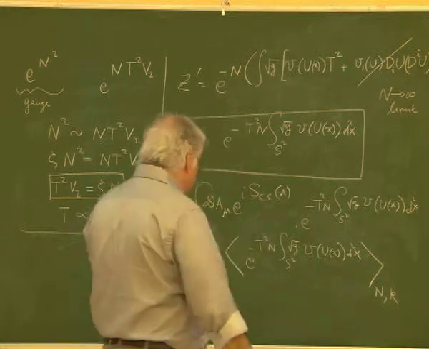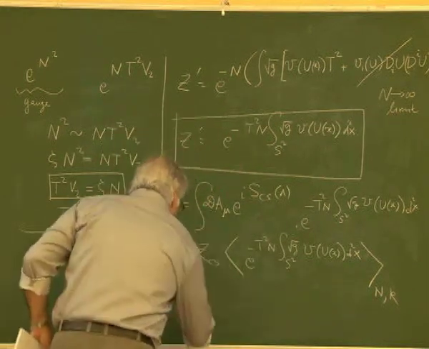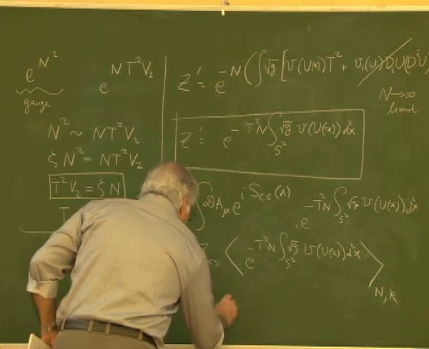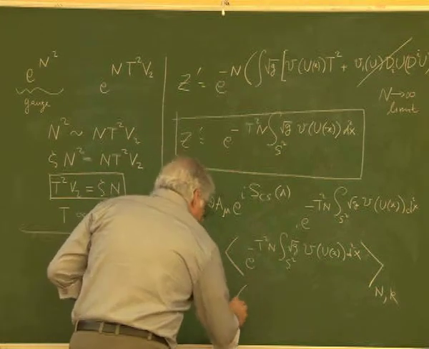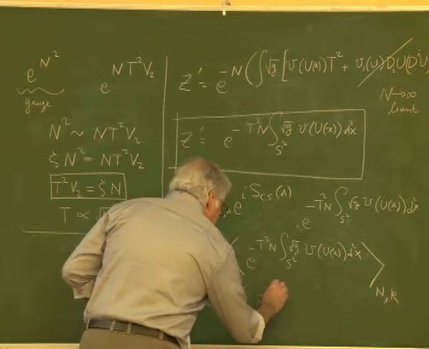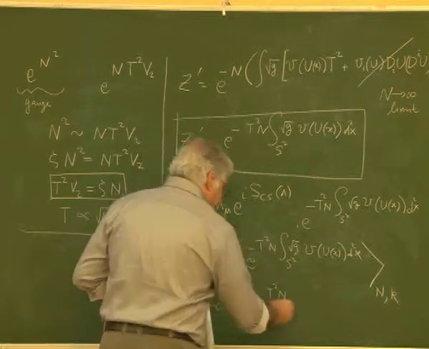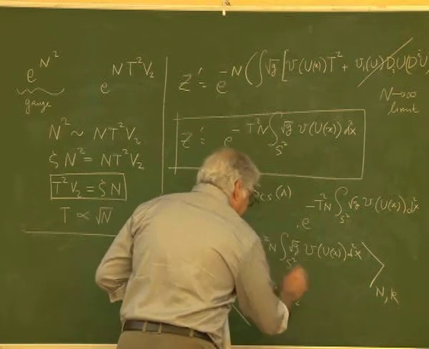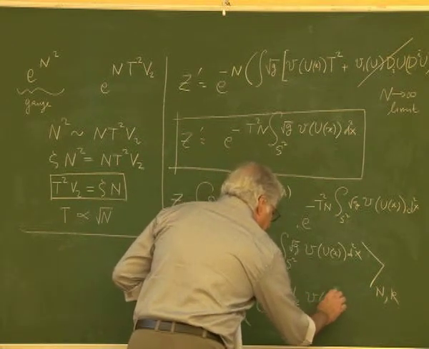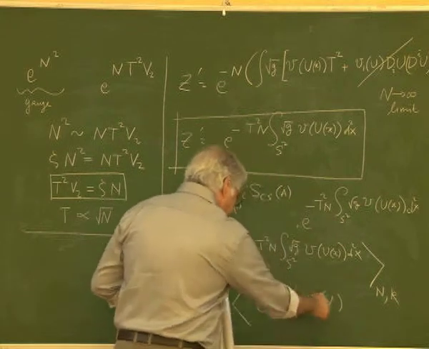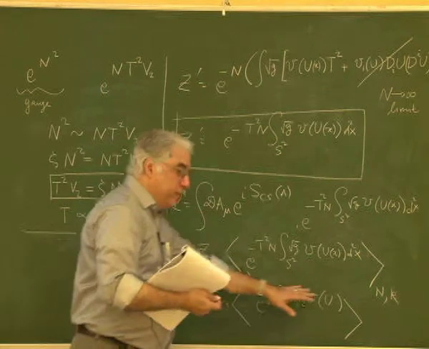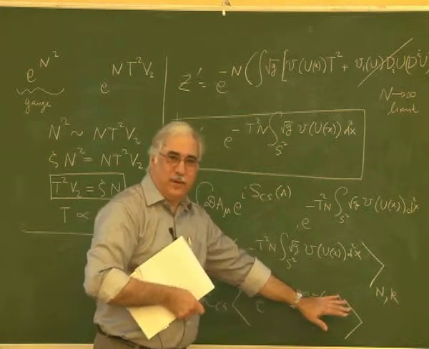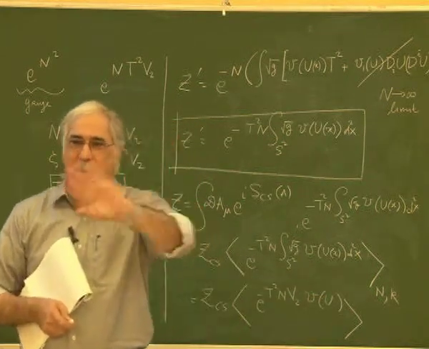So this means the following: this is equal to Z Chern-Simons, which I will normalize to 1, and the expectation value of e to the minus t squared n times the volume times V of u, where u is nothing but the 0 mode of the holonomy matrix on the sphere. No x dependence, it's gone.